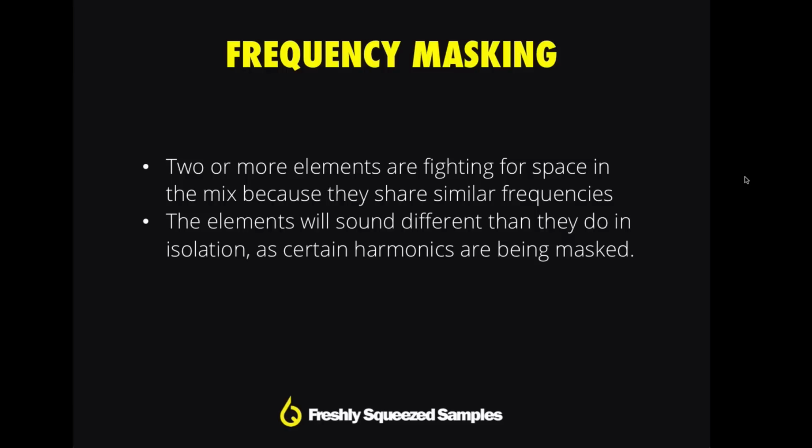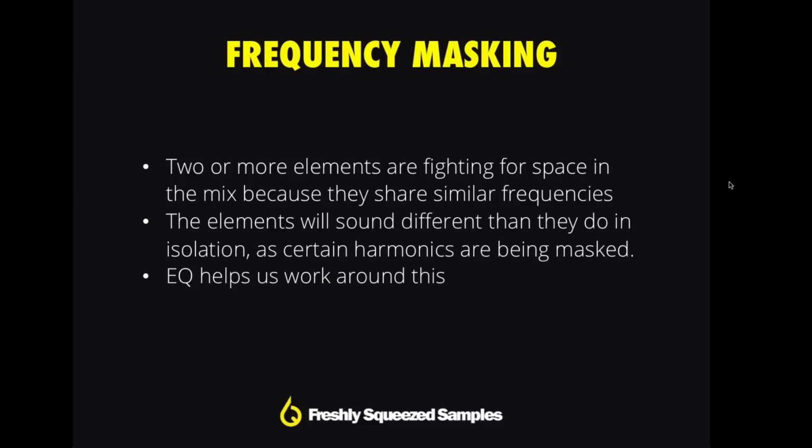So for example, you might stack two or three layers, and you might wonder where the mid-end of your pluck went, or the rich low part of your super saw, the parts of the sound that really sounded good when you play them in isolation, and they disappear when played in context and in relation to everything else.